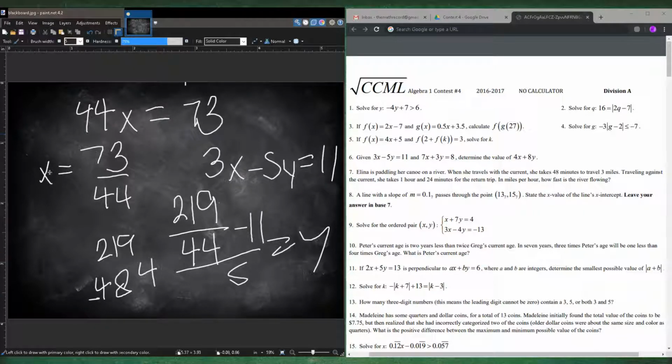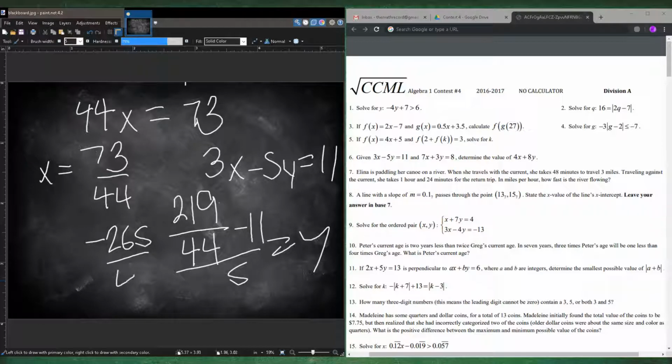And subtracting that, you basically get a 5, a 6, and a 2. So negative 265 over 44.